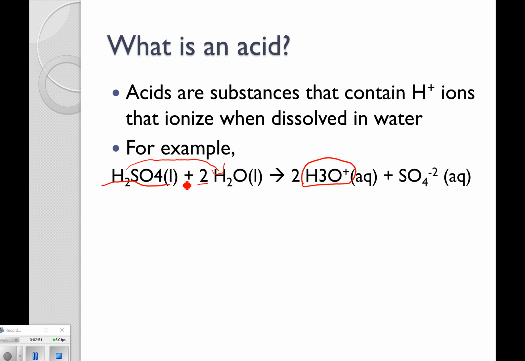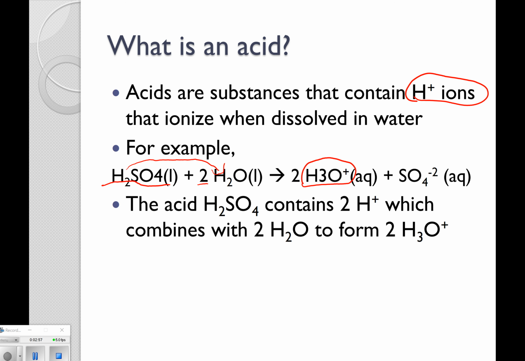So since H2SO4 is contributing H plus ions into this overall solution, it is considered an acid. And varying types of acids are going to contain a different number of H's that can be removed when they're combined in solution.